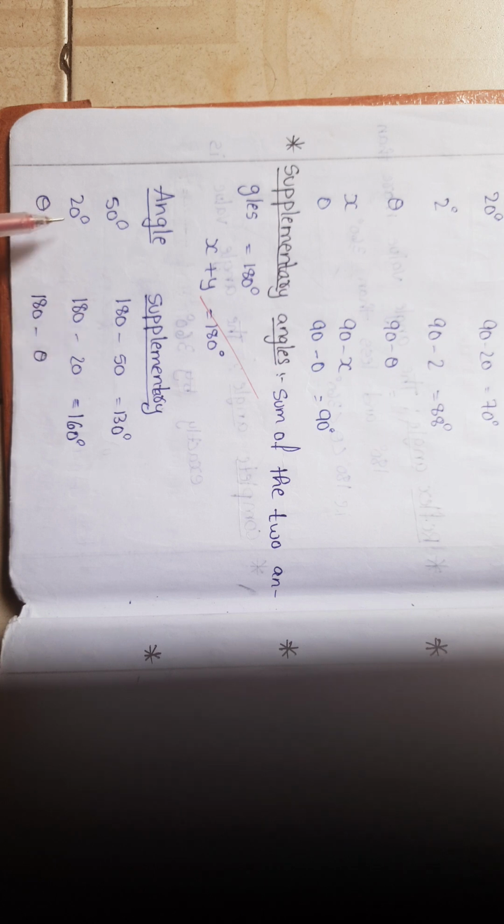For 20 degrees, the supplementary is 180 minus 20, that means 160 degrees. 160 degrees is the supplementary angle to 20 degrees. Suppose theta is given, for any angle you use 180 minus theta. You cannot write a particular value, because theta is an angle that doesn't have any particular value, so you can't write it as a number like the previous values 130 and 160.